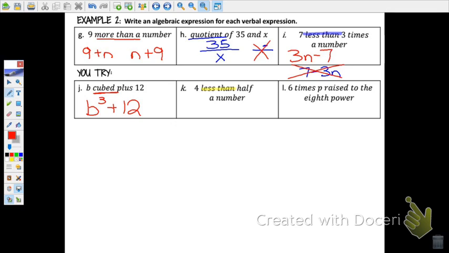Okay. N over 2. And then I have the minus 4. Anybody do something else instead of the n over 2? The one. Okay. So what we could do here for half a number, we would do 1/2 n minus 4. So either of those would be acceptable.